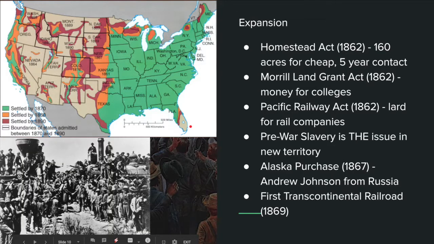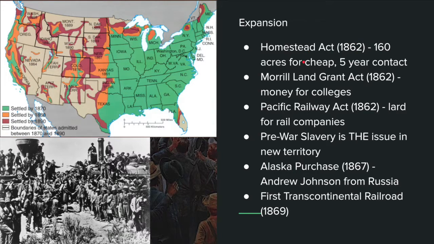As for expansion, this unit is really where the U.S. expands out quite a bit, okay? And the way they're going to fill all this new territory they got from the Louisiana Purchase, the Mexican-American War, all that stuff, annexation of Texas, they're going to pass the Homestead Act, okay? If you're an individual, you can get 100 acres of land for cheap.